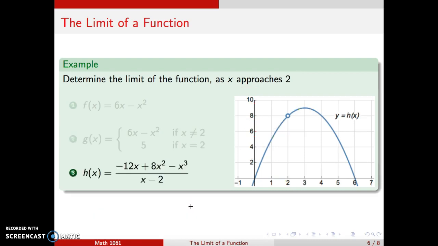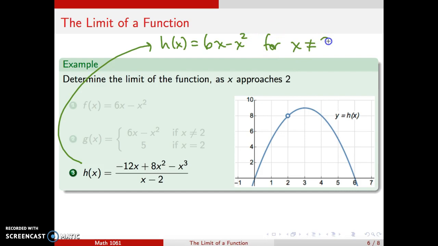All right, one last one. Again, we got a graph that looks pretty similar. One thing I can tell you here is this guy simplifies, if you like, whatever that means, but it turns out that x minus 2 is a factor of this numerator.